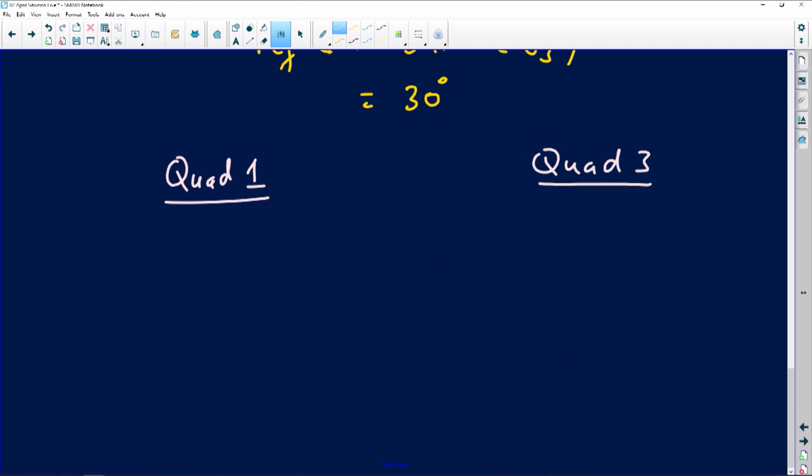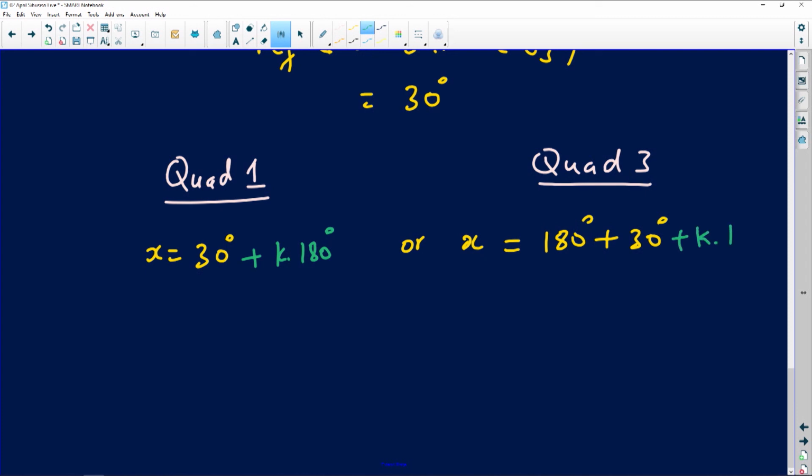Right. So now according to the first quad, we're going to then say x equals 30 degrees because 30 degrees is an acute angle that lies in the first quad. And for quad 3, we're going to have 180 degrees plus that reference angle. But they said general solution, so we need to add k times 180 for tan, plus k times 180 degrees because the period of a tan graph is 180 degrees.